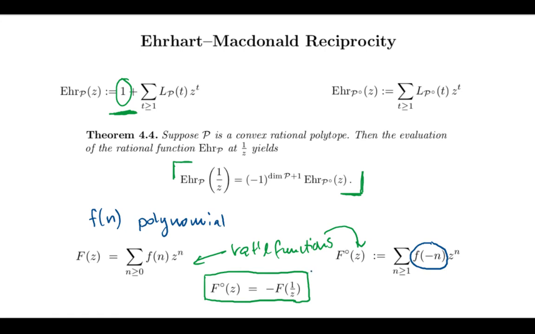If you now bring this identity back into the picture of Ehrhart series and translate the reciprocity theorem you see up here, theorem 4.4, in the language given by this general setup of rational generating functions for polynomials or for quasi-polynomials, you get the Ehrhart-Macdonald reciprocity theorem.